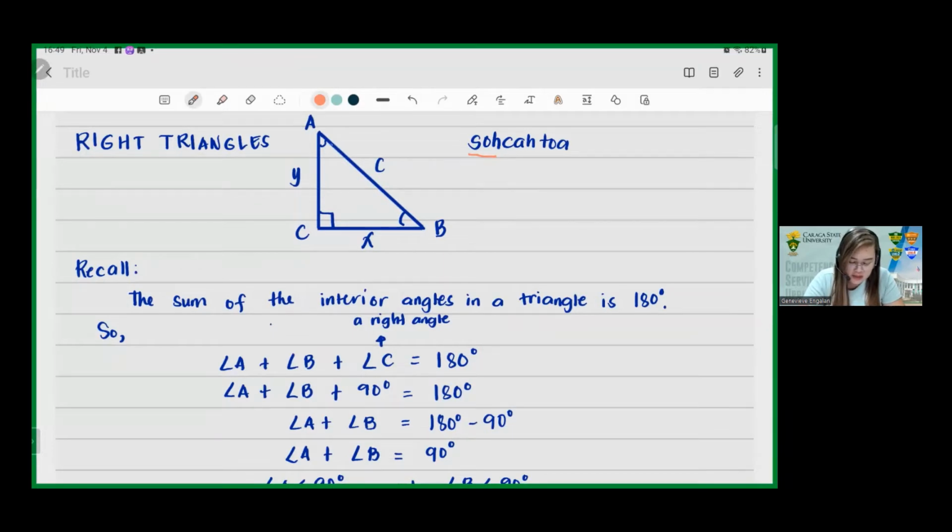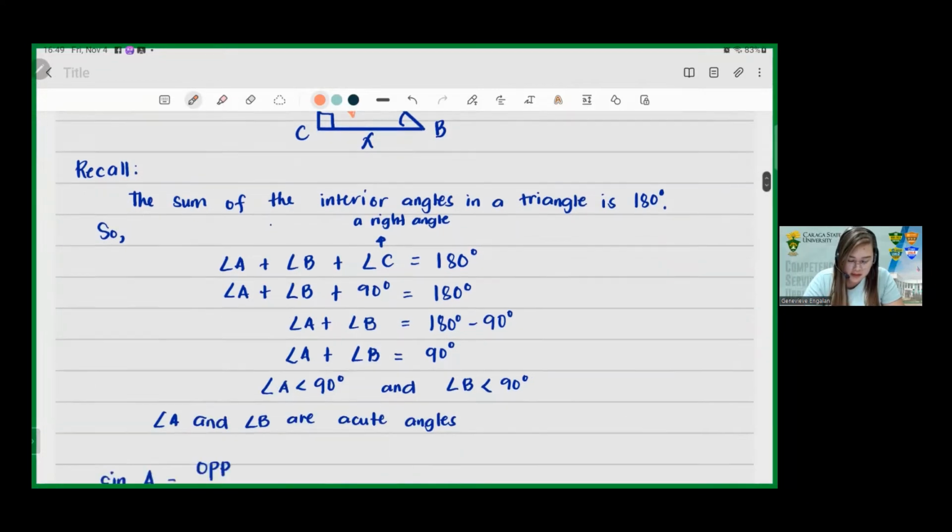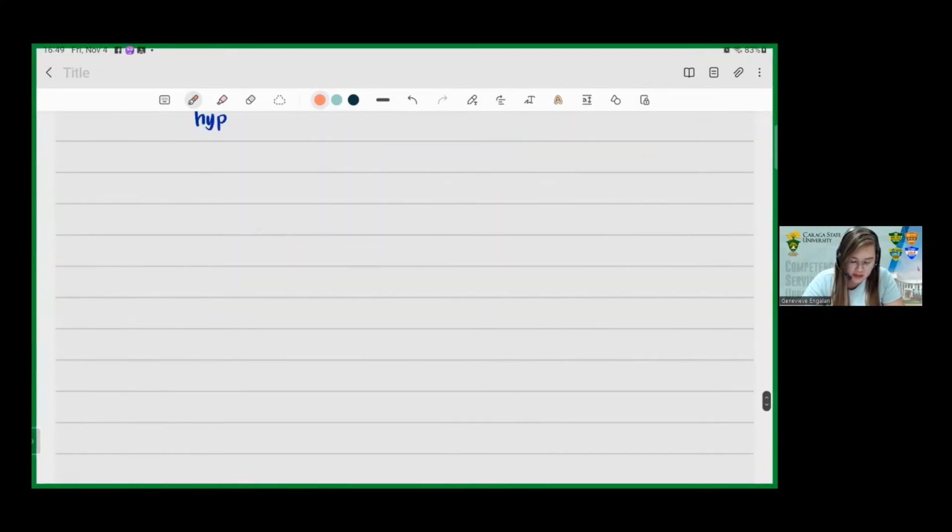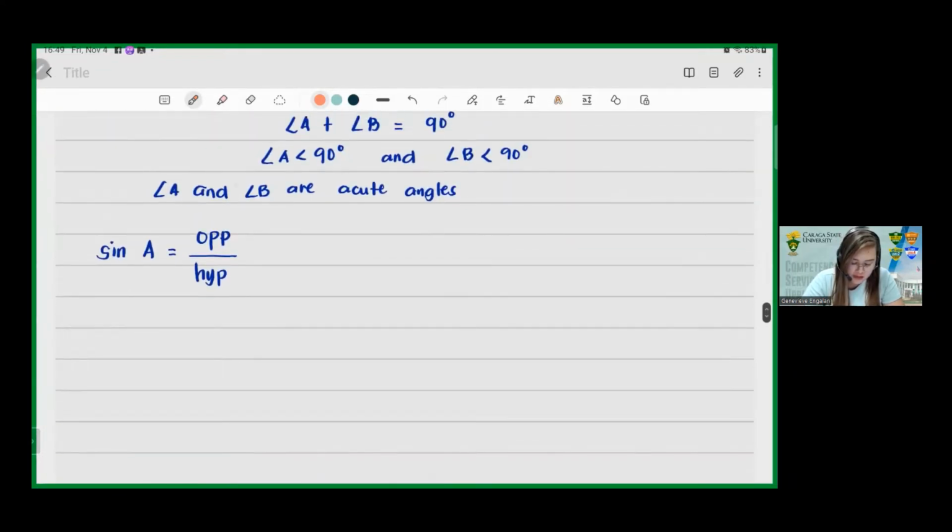The opposite is X. The hypotenuse is C. So sine A will be equal to X over the hypotenuse C.